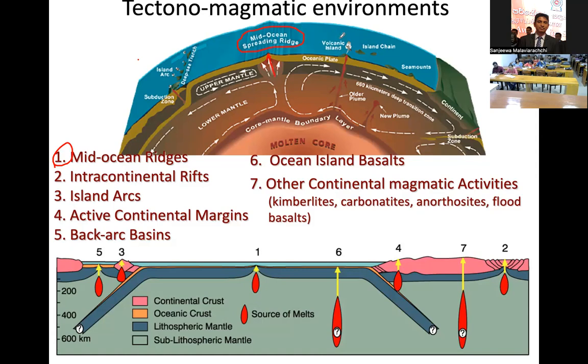Remember, this is ocean, in the middle of an ocean. Consider this is the Atlantic Ocean, this whole area. Then in the middle part of the Atlantic Ocean, you have mid-ocean ridges, or spreading centers, spreading ridges. We call them spreading centers also because they are always in the middle of an ocean.